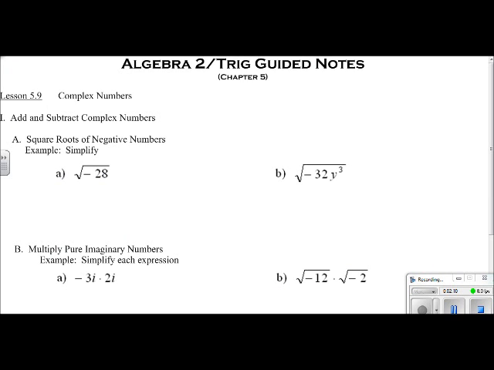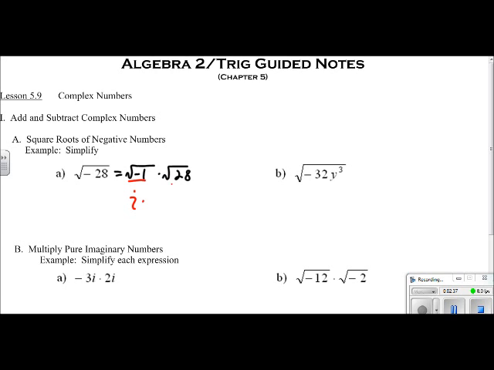So, using complex numbers, we know from before that anytime we have the square root of a number, we can break it up into different numbers that multiply up to that radicand. So, if we have the square root of negative 28, we can break that up into the square root of negative 1 times the square root of 28, which we know from René, the square root of negative 1 is just i.